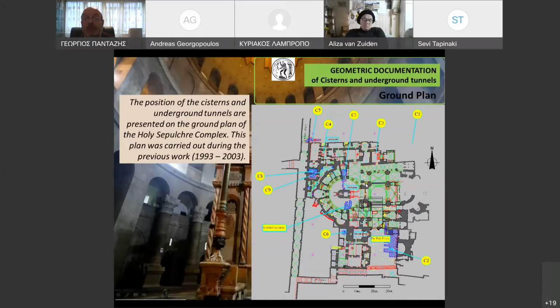It is very important for the team, for the group of the monuments protection, to study the position of these systems all around the Holy Edicule, and for this reason it is appropriate to document these systems.